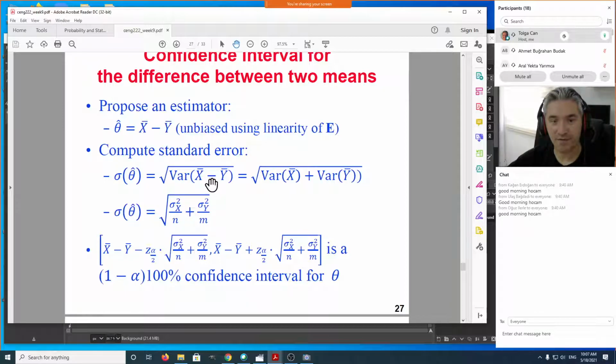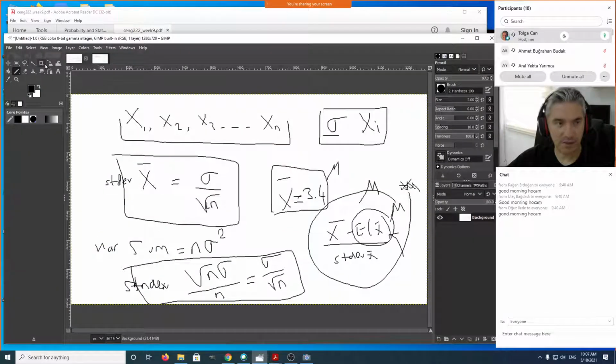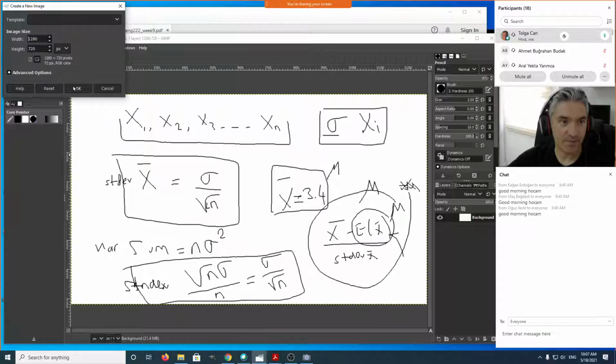Although there is a negative here, why did it turn into plus? Again, this is coming from the linearity of expectation. If you go back to chapter 3 and look at that variance formula, what is the variance of minus y?